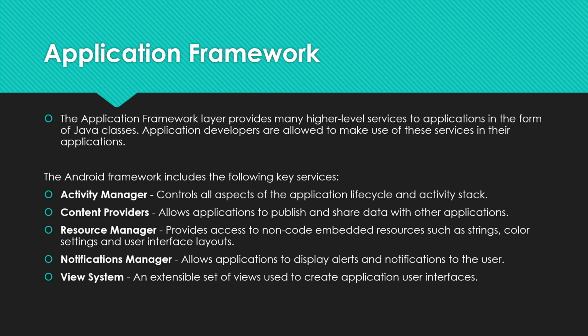Activity manager controls all activities, meaning the life cycle, where the user is passed along. So it's called activity. Okay? And then next, we have the content providers. This manages the data that is interacted with or passed around.